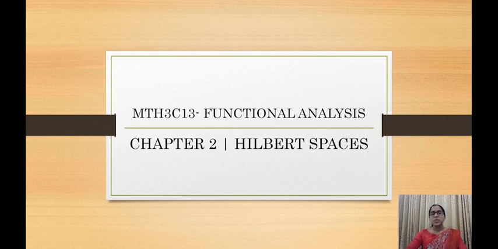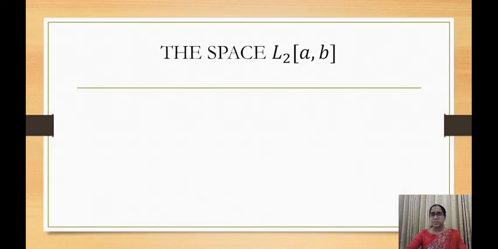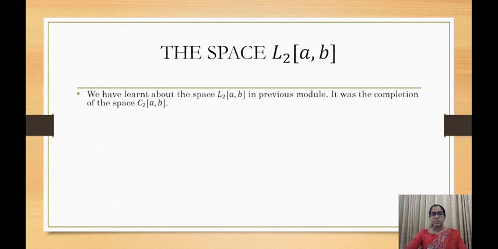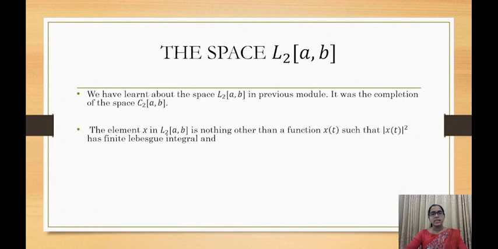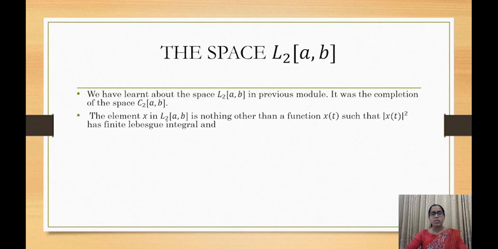So in this section we are going to study the space L2 of [a,b]. Now, what is L2 of [a,b]? We had learned in the previous section that L2 of [a,b] is the completion of the space C2 of [a,b]. And what is the form of elements in L2 of [a,b]? An element in L2 of [a,b] is a function x(t) whose modulus square, that is |x(t)|², has finite Lebesgue integral.